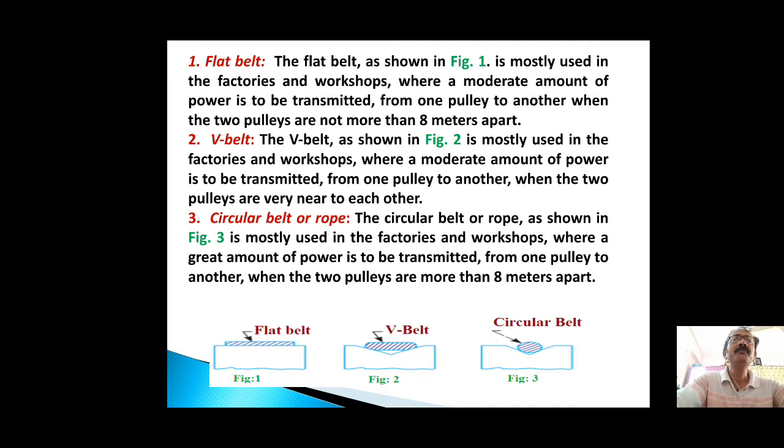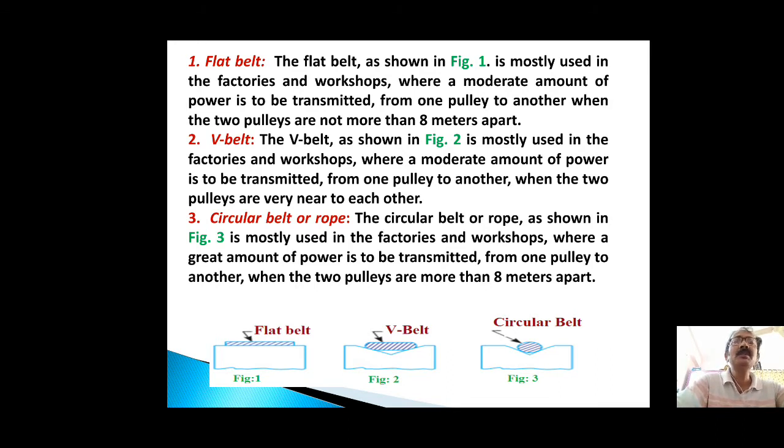Now, V belt. The V belt, as shown in figure 2, is mostly used in the factories and workshops where a moderate amount of power is to be transmitted from one pulley to another when the 2 pulleys are very near to each other. In this V belt, the power transmission is more, with less or negligible slippage.